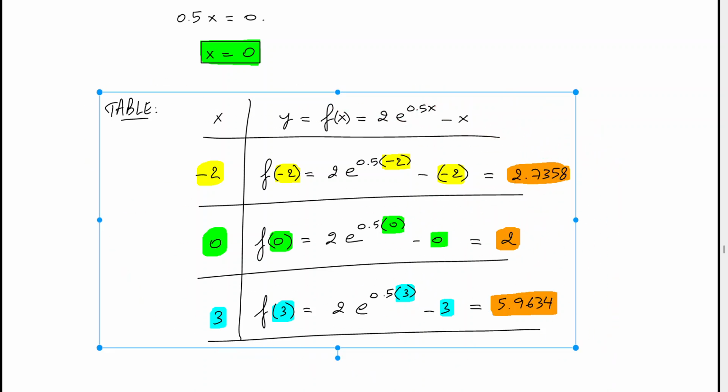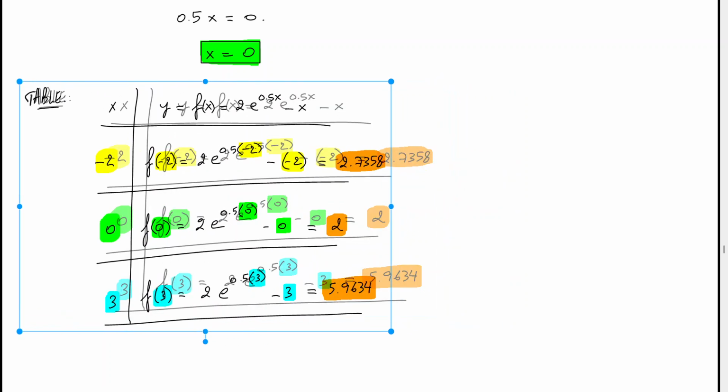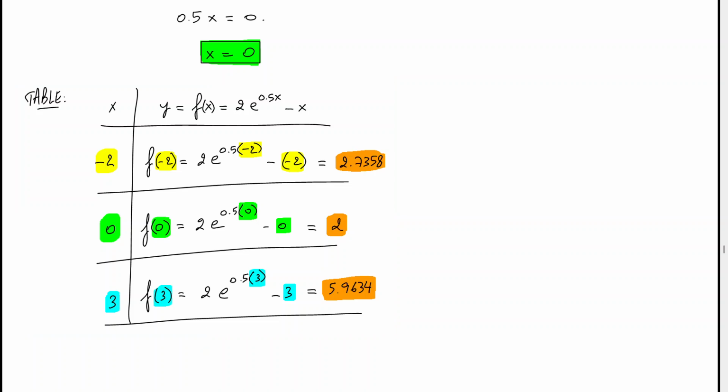So just by looking at the numbers and comparing and contrasting which one is the biggest, which one is the smallest, I feel like I see the maximum right here. This is the highest number in the y-coordinate column. So we're going to say that we have an absolute maximum at the place where x is equal to 3.